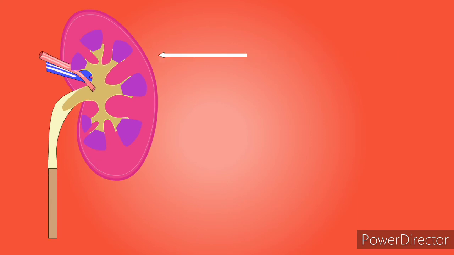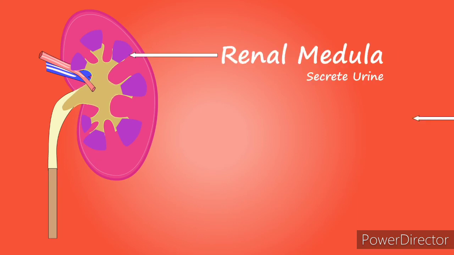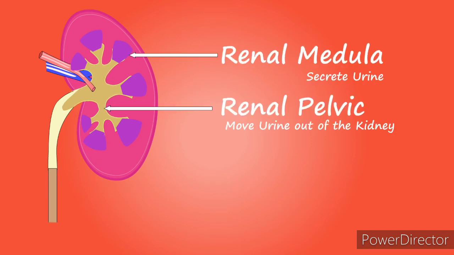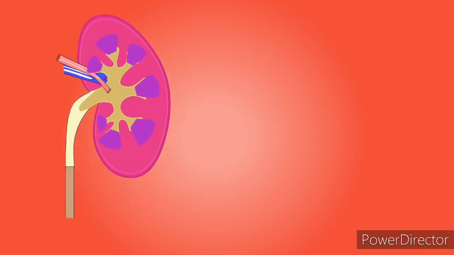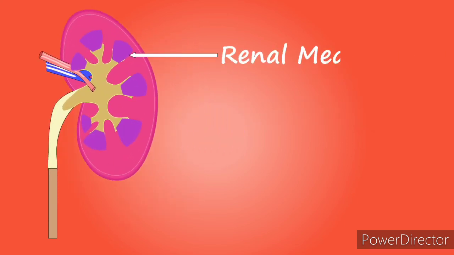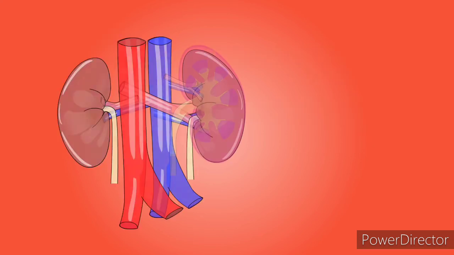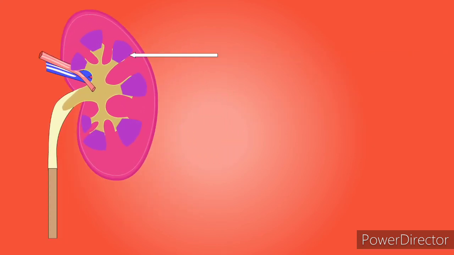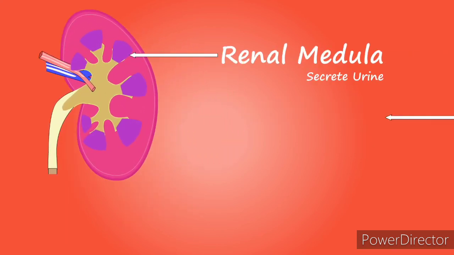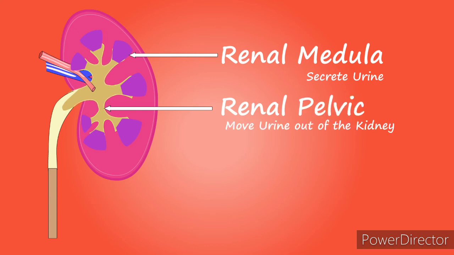It is a very simple, routine test, but it will give you a picture of the state of the kidney. It will tell you if someone has a urinary tract infection. It is a screening test, so you can see that it has a lot of significance.